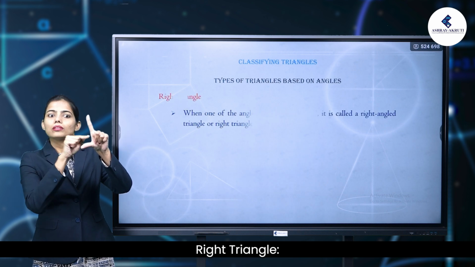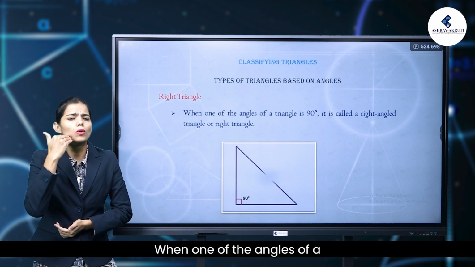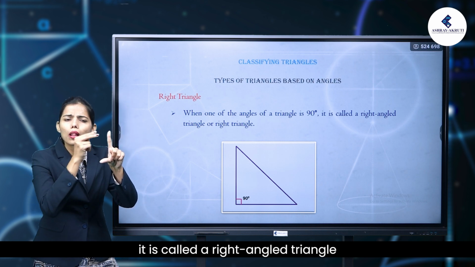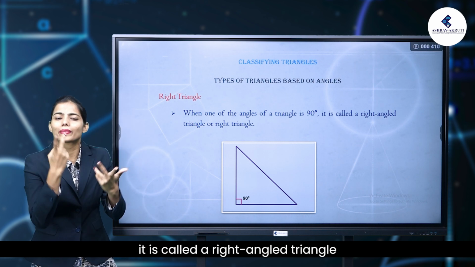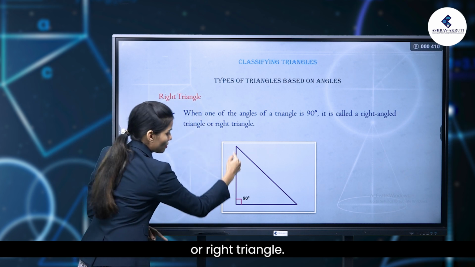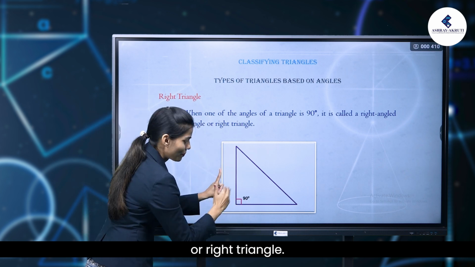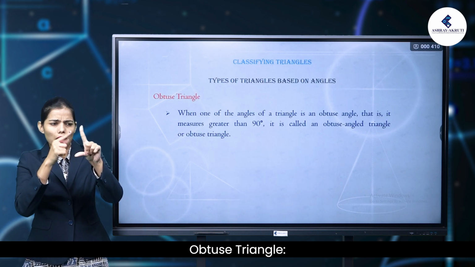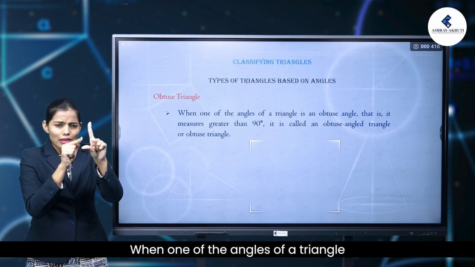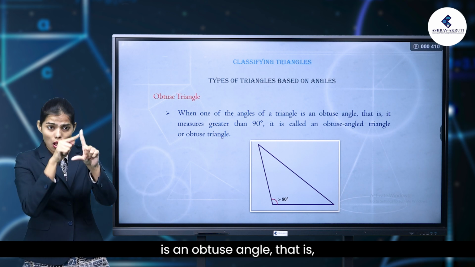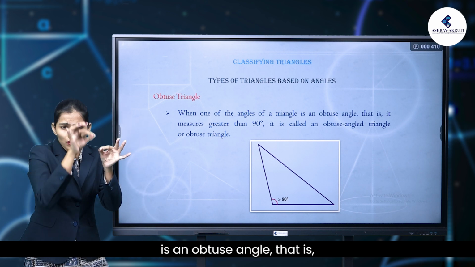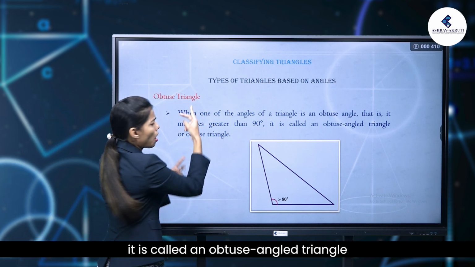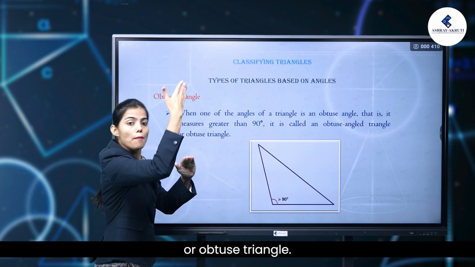Right triangle. When one of the angles of a triangle is 90 degrees, it is called a right angle triangle or right triangle. Obtuse triangle. When one of the angles of a triangle is an obtuse angle, that is, it measures greater than 90 degrees, it is called an obtuse angle triangle or obtuse triangle.